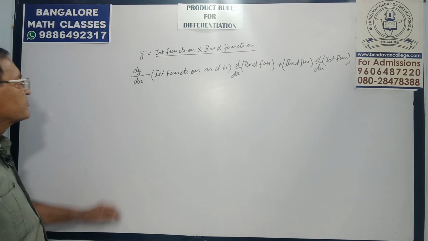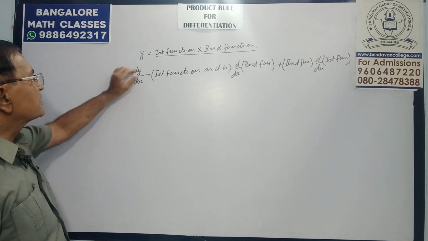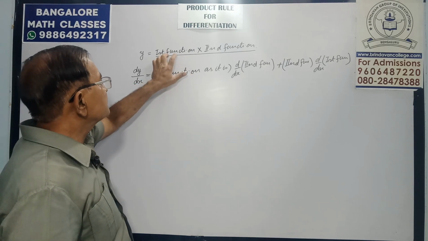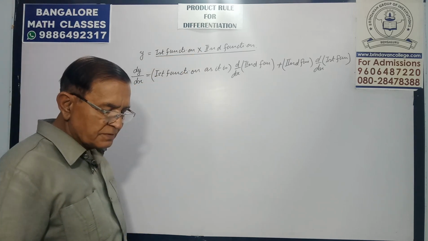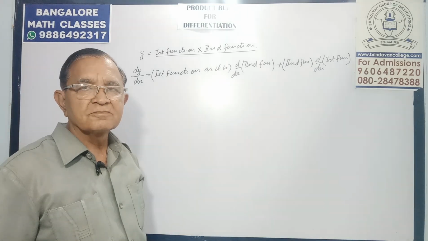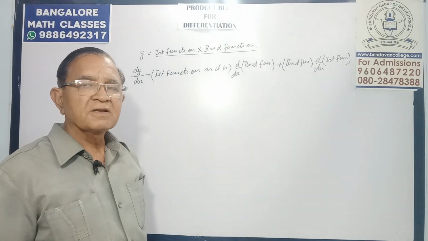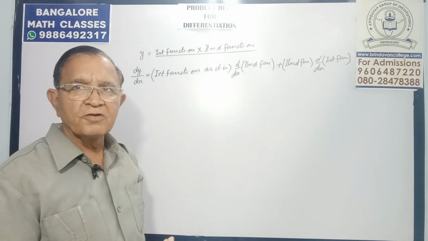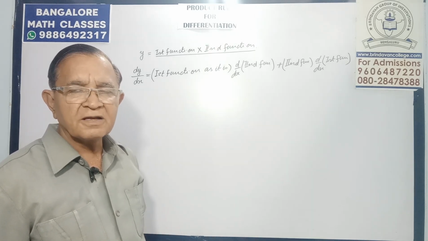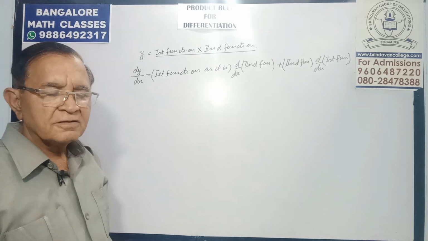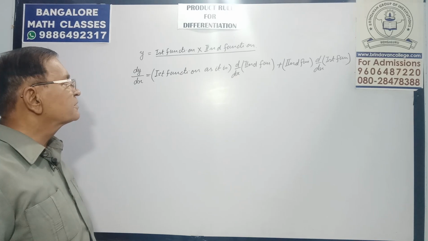See once again, dy by dx of the product of two functions, that is first function and second function. Function in the sense that a variable should be there, otherwise it will come out to be a constant. Then we have to deal with the normal identities, which we have done already: take out the constant and go for the differential of the function.